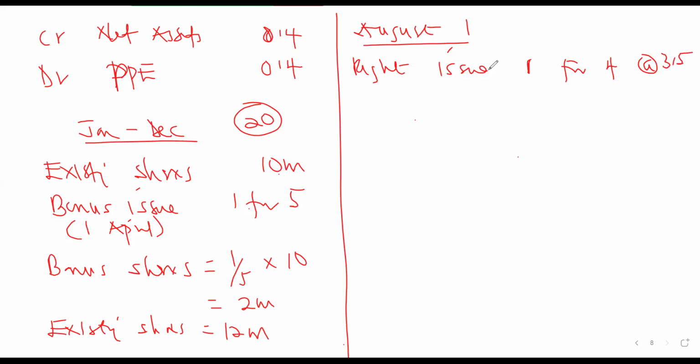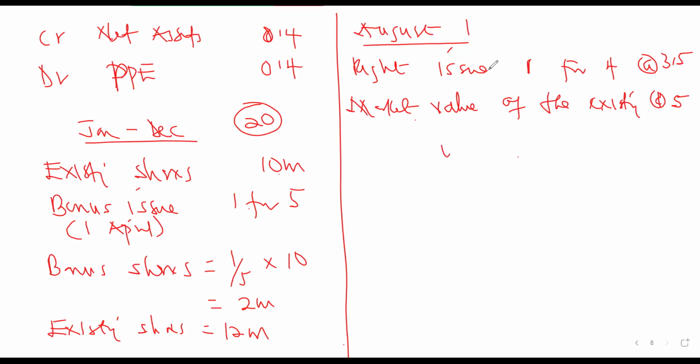Okay, the question will always give you the market value. So maybe let's say the market value of the existing shares before the right issue was 5 Ghana cedis. So what you have to do is always find a theoretical ex-rights price, which is the value of the share after the right issue.